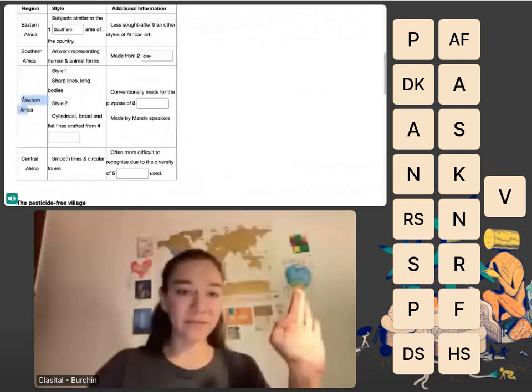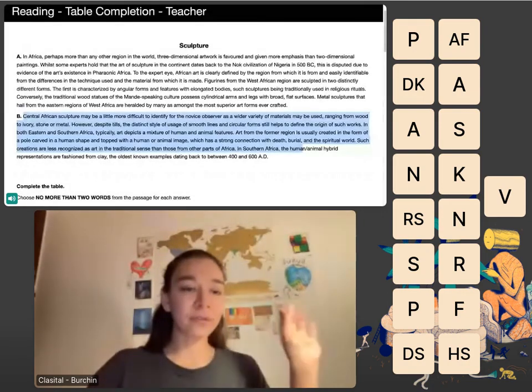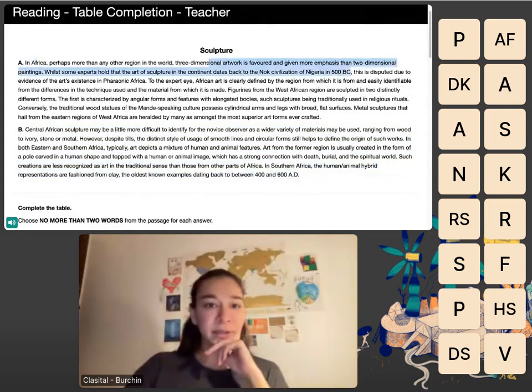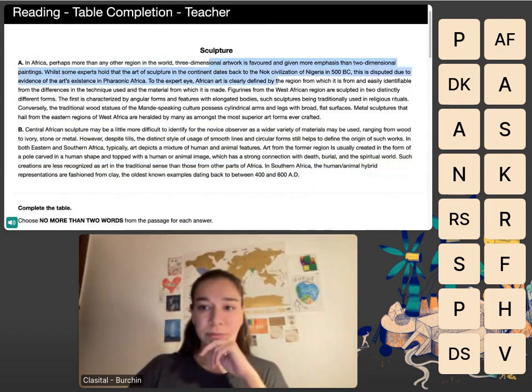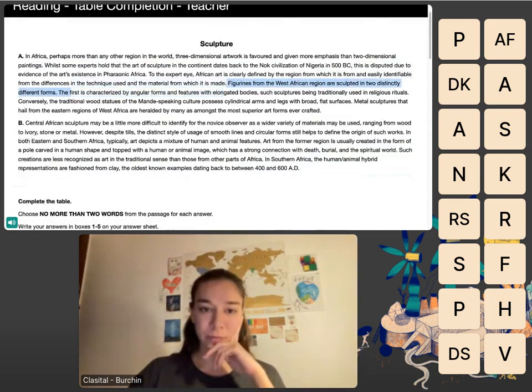And I think I have finished this paragraph, and I will look for the answer here. I am just skimming it to see. Figurines from the West African region are sculpted in two distinctly different forms.